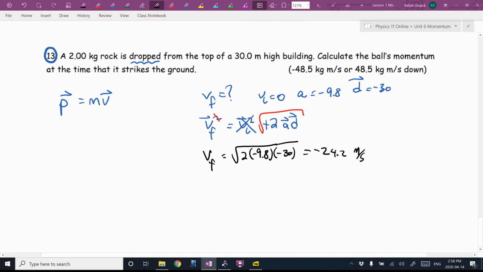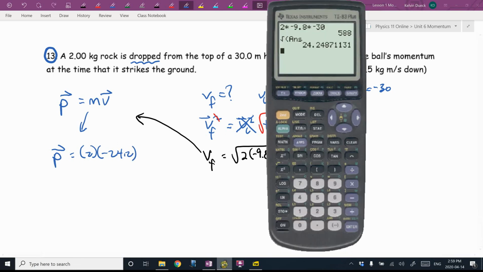I have to add the negative myself, because when I hit the square root button, my calculator will always assume that I want the positive value, but in this case, I definitely want the negative value, because we're going down. Okay, here we go. Momentum is mass times negative 24.2. I'll write 24.2, but I'm going to use my answer button.